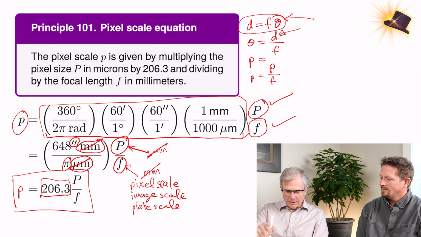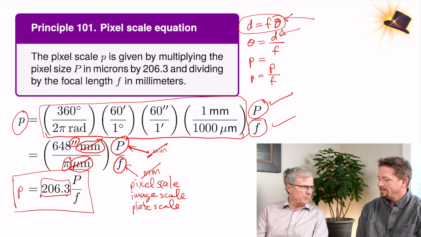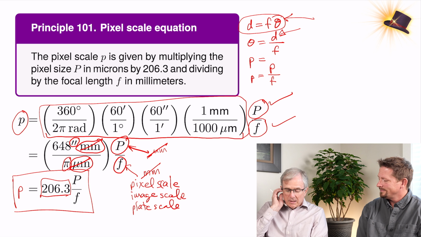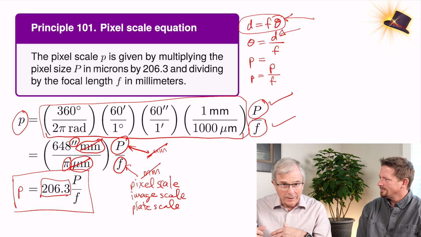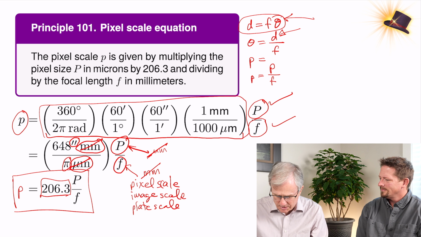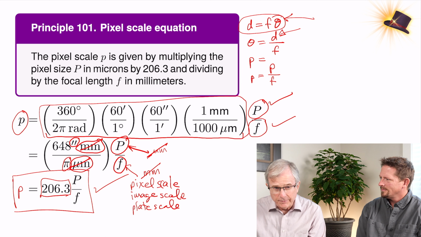If you take 648 divided by pi, you get 206.3. So it's an approximate result. I didn't know whether it was determined experimentally, or you could find it out theoretically, but you can find it out theoretically, and this is how you do it. Bottom line, this is the pixel scale equation, and it's very, very useful in astrophotography.